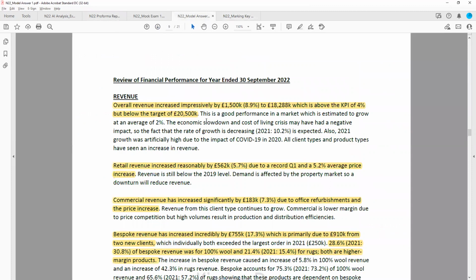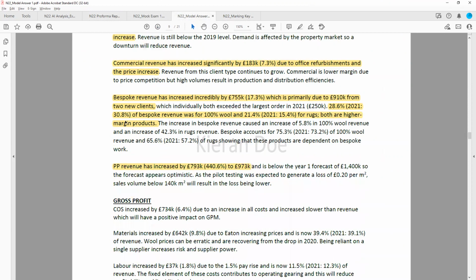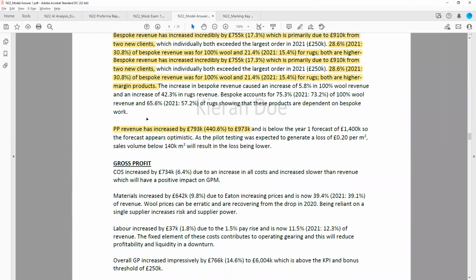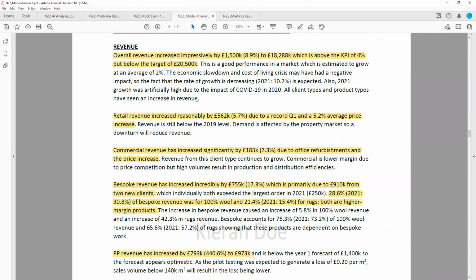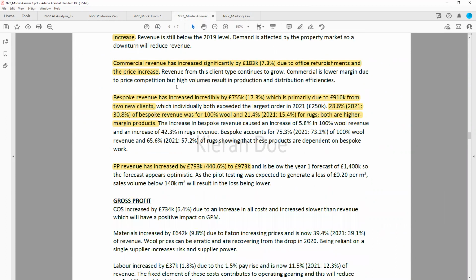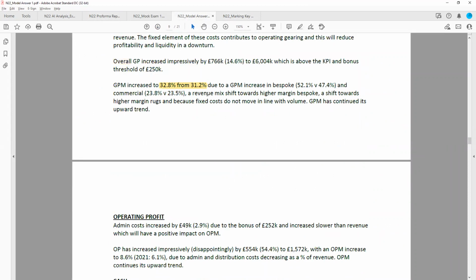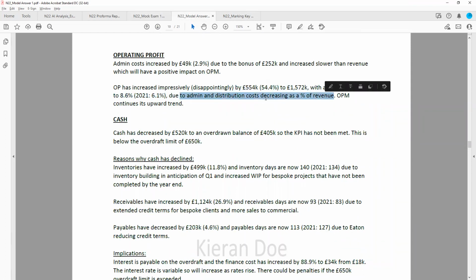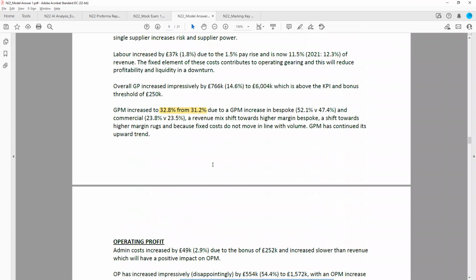Now, when you're thinking about, well, what type of points should I include? Well, remember, in our conclusions, we had the headline number and the reason why each of them had gone up or down. So why revenue had gone up or down, gross profit had gone up or down, etc. What we didn't have was any of these more advanced points, the thinking of further insight points, those applying judgment points, where we were giving very detailed reasons why the gross profit margin had moved, so revenue mix impacts, or reasons maybe why that operating profit had moved, or maybe some further insight on the cash.